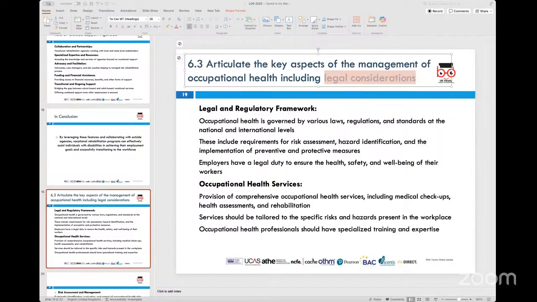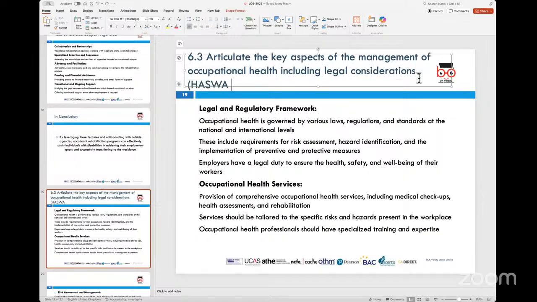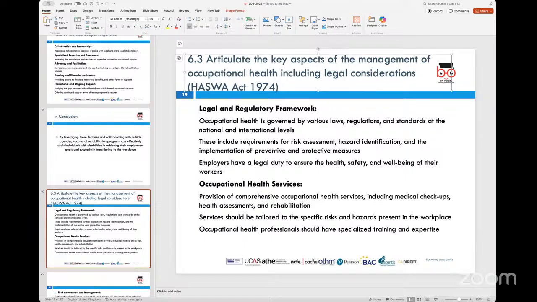So anything within the HASWA Act, which is basically the Health and Safety at Work Act of 1974, is going to be dealing with what are called legal considerations. In the UK, essentially, this is the act related to this, HASWA, the 1974 Act, and this was updated in 2010 by the government.